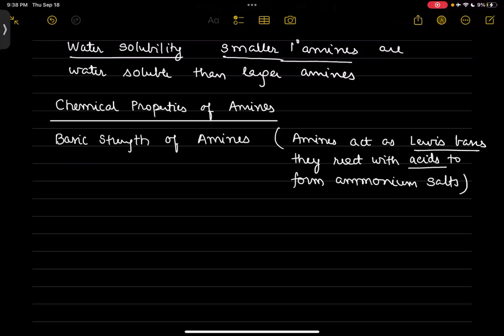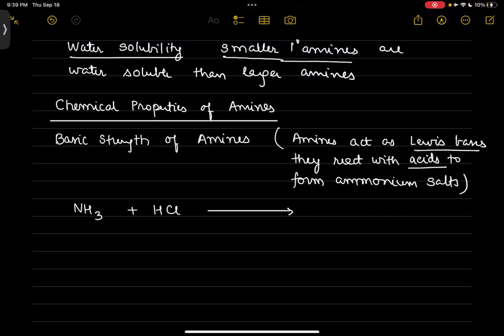Is it clear? So suppose what are we going to get if you react NH3 with HCl? Can you tell me? Ammonium chloride.